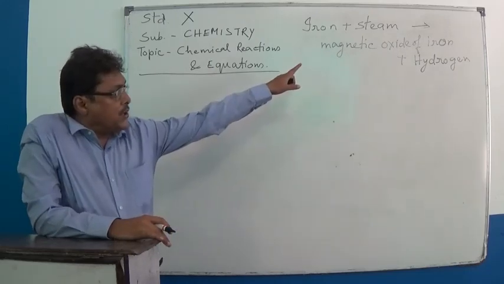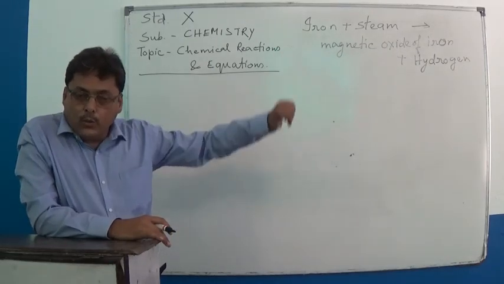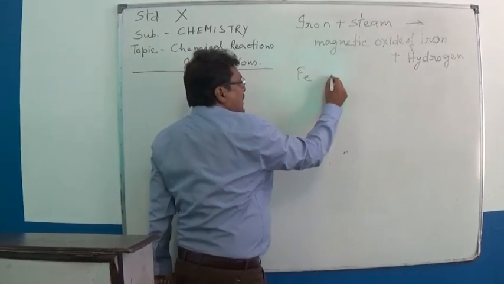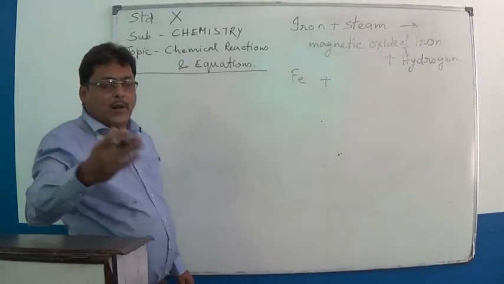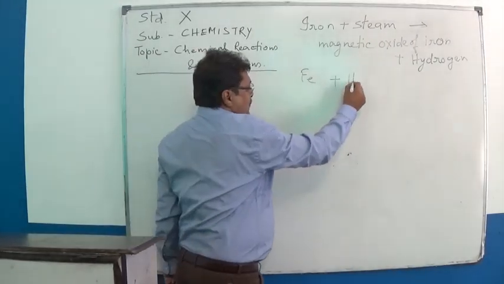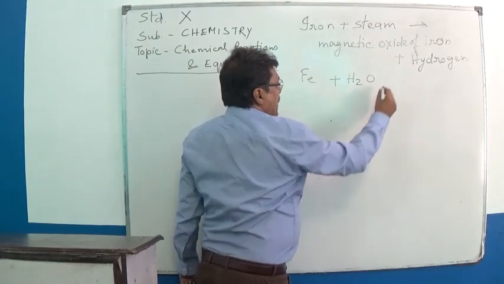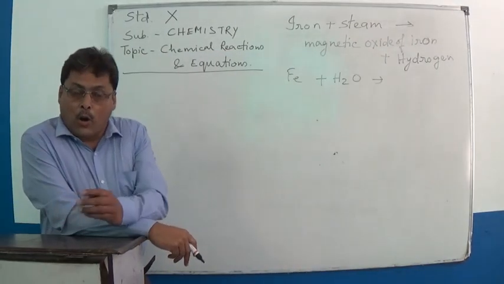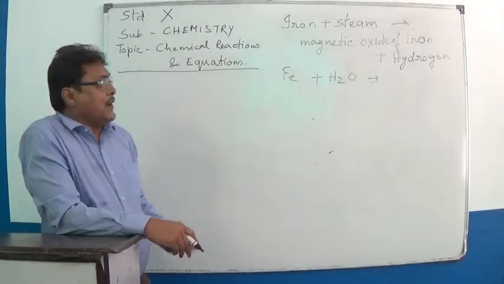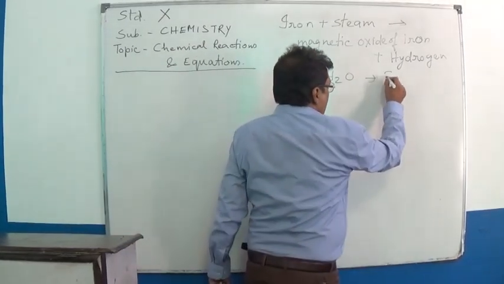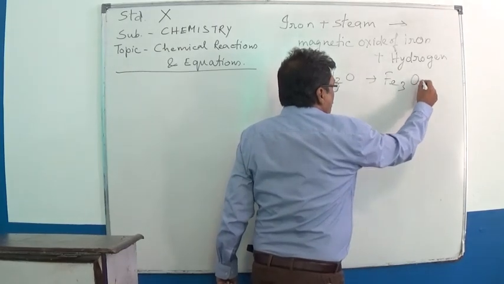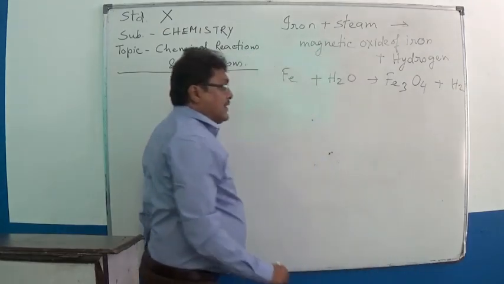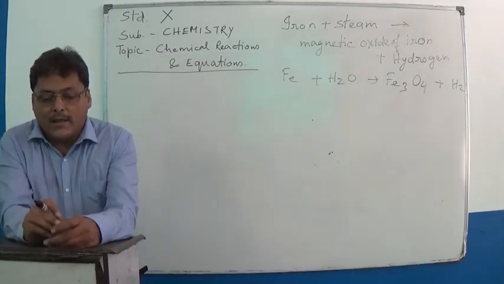Now this one equation, let us change it into a skeletal equation. Iron is Fe, steam is water vapor, so it is H2O. Leads to, we have already seen magnetic oxide of iron, a combination of ferrous oxide and ferric oxide, Fe3O4, plus hydrogen H2. That is the skeletal equation. What is next?